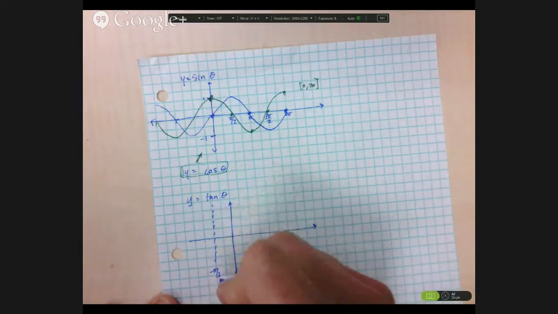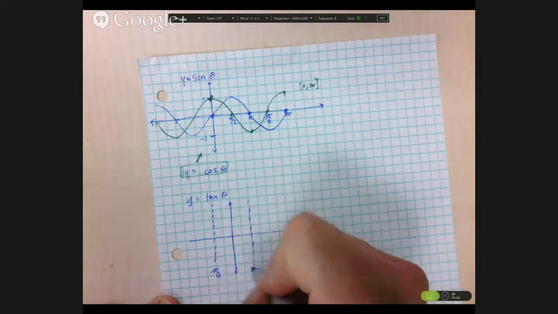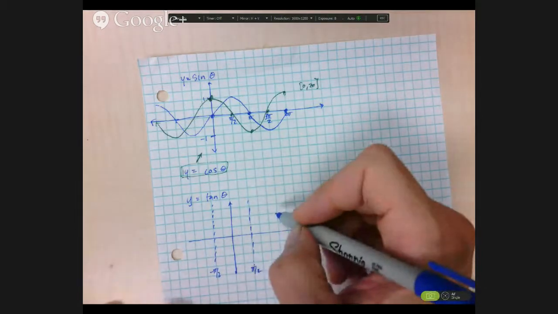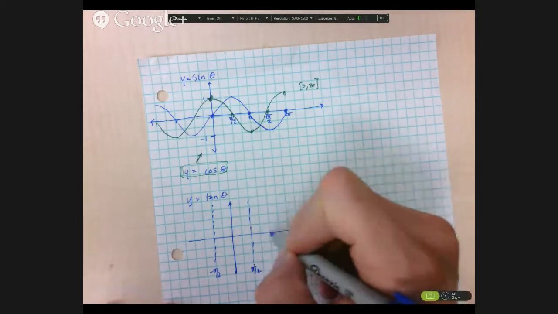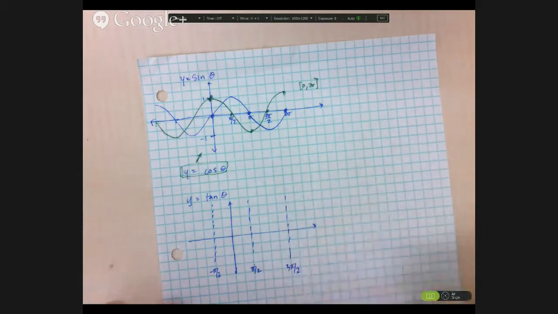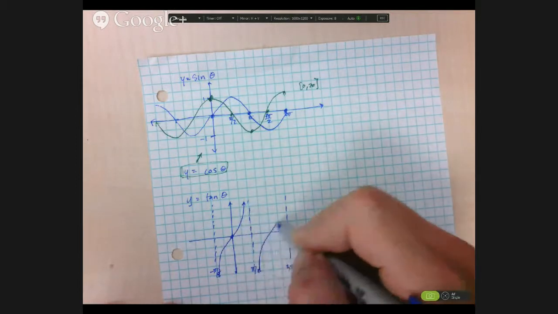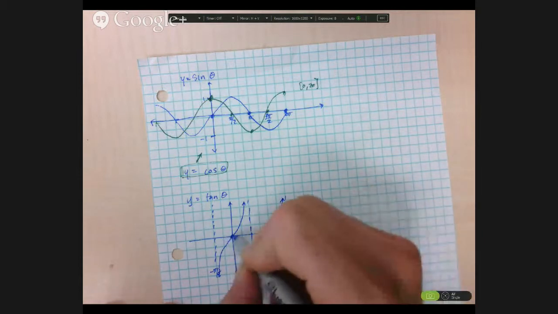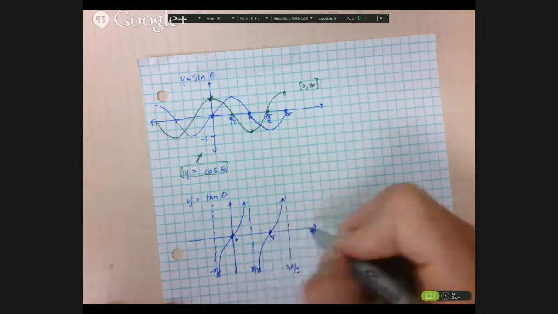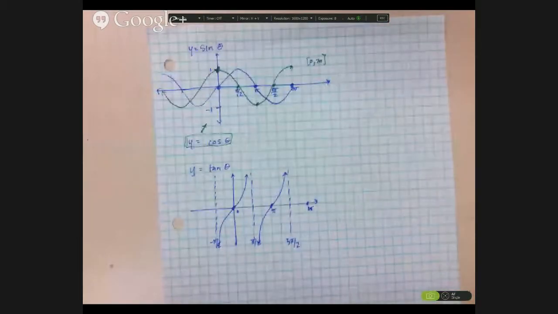Negative pi over 2, pi over 2, 3 pi over 2, and so on, so that the graph looks something like this. Notice that 0, pi, if you did it again, it would be 2 pi, or where it crosses, so tangent of pi is 0.